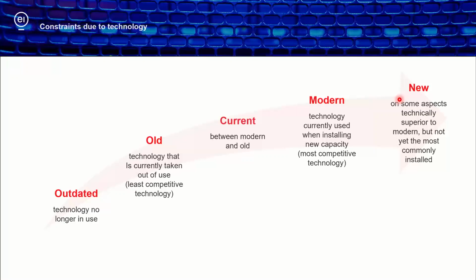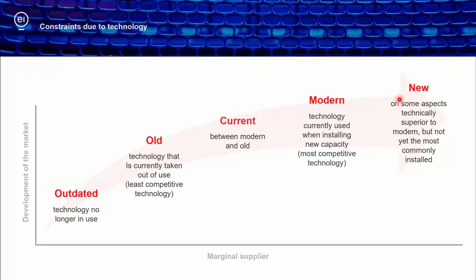So it hasn't reached the market to a great extent yet. From all these technologies, only the modern and new technologies are considered to be able to supply the market in the consequential system model.